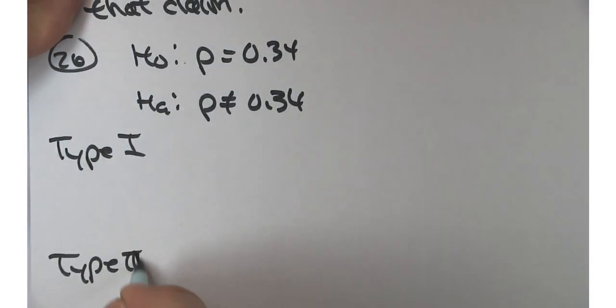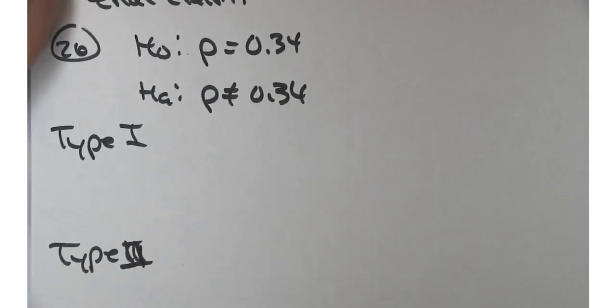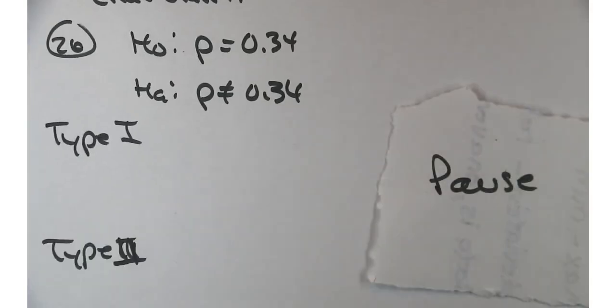Type 2, not type 3. There's no type 3. Give yourself a minute or so to try and fill that one in. State two things. What's true? And what did you decide in comparison?